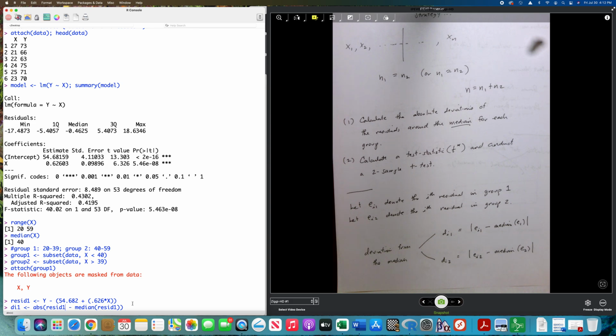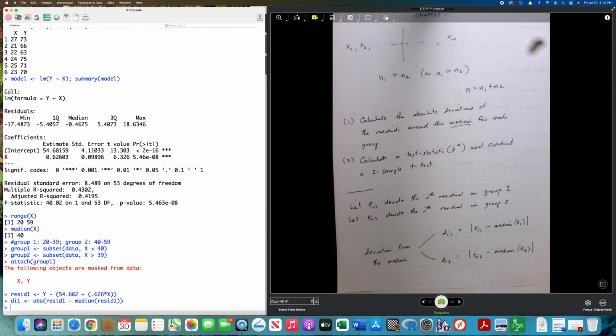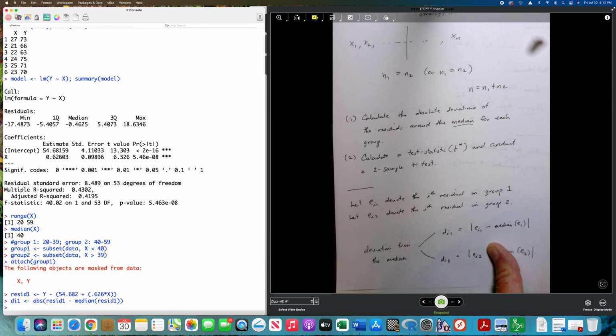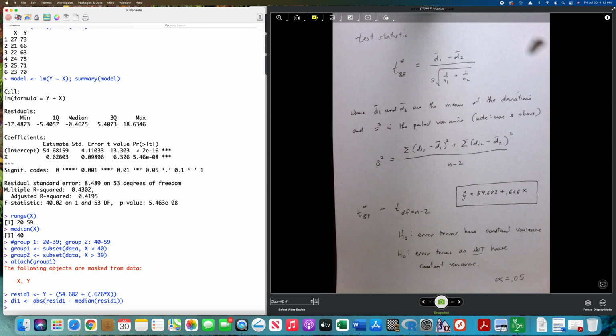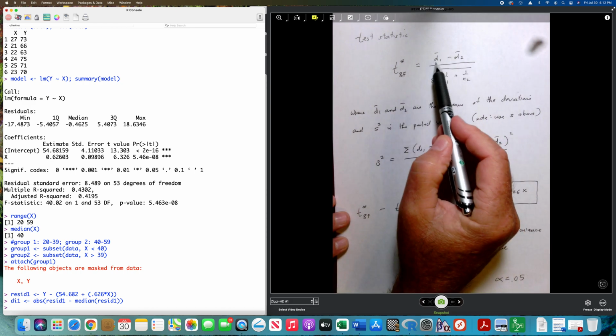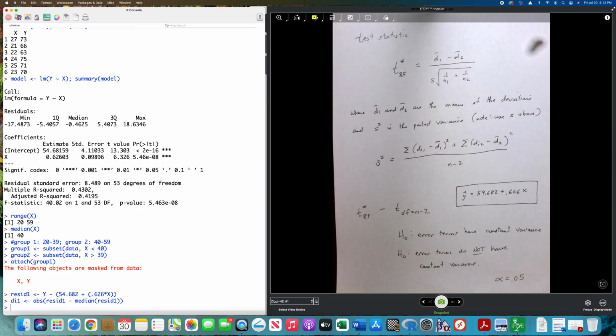Now I need, again, just the residuals of group 1 compared to the median of only the residuals of group 1. All right? Now, next thing I need to do is start thinking about, for group 1, what do I need? Well, I need the mean of the deviations of the D1s.